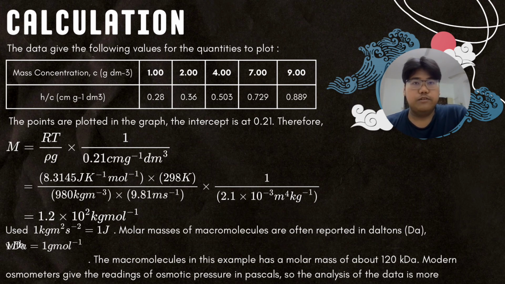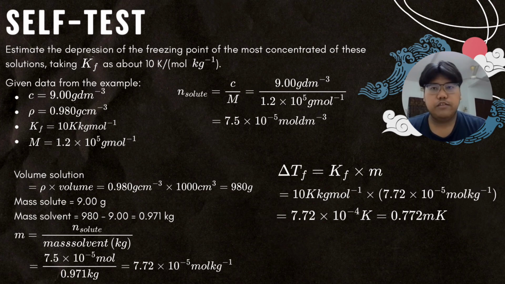Last but not least, let's do this self-test. We need to estimate the depression of the freezing point of the most concentrated of each solution, taking the constant value as about 10 kg per mole. All of these four are the given data from the example.